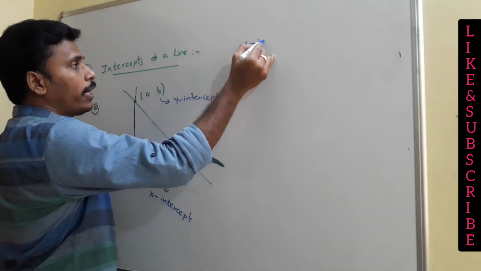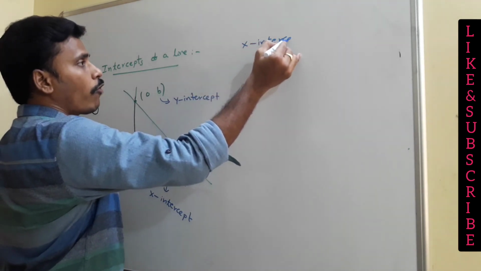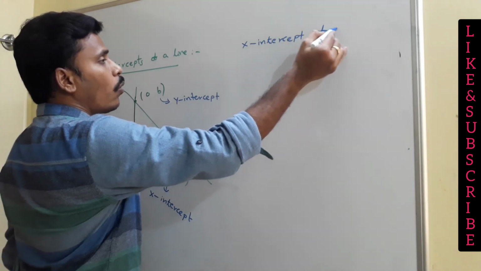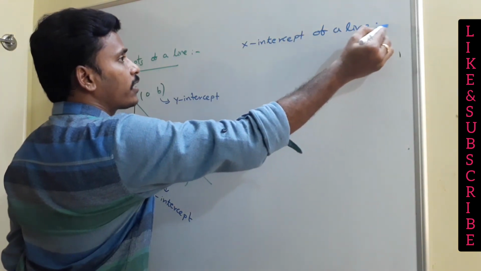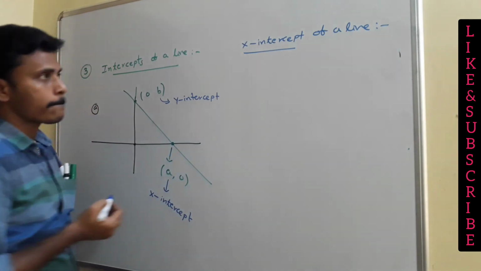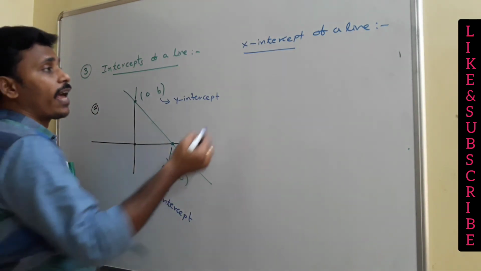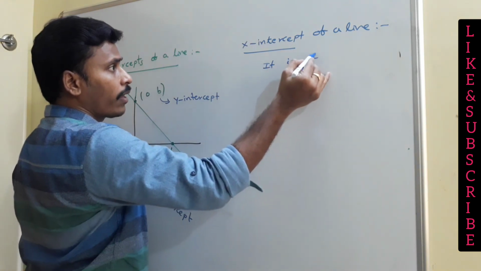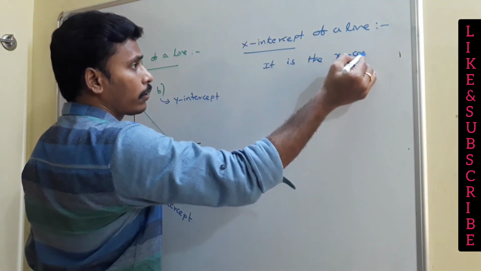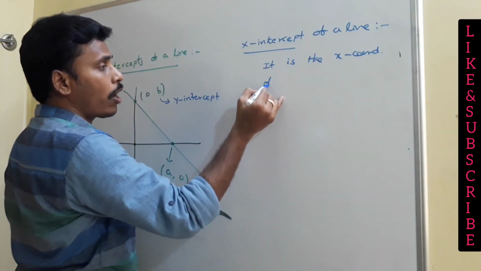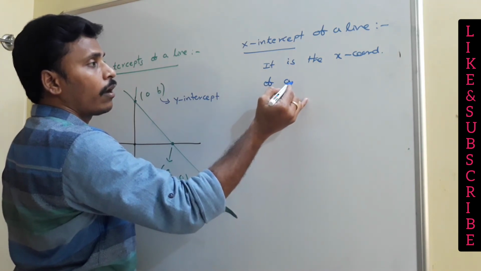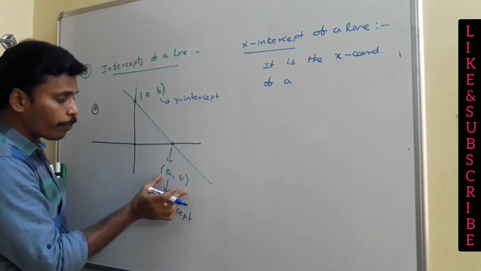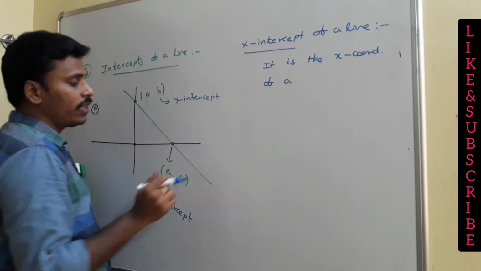Okay, once again I am repeating for you. What is meant by the x-intercept of a line? As a definition, the x-intercept of a line is the x-coordinate of the point of intersection of the line with the x-axis.